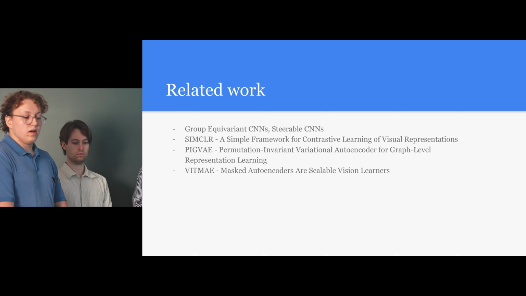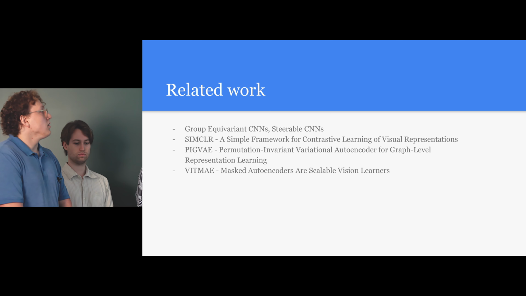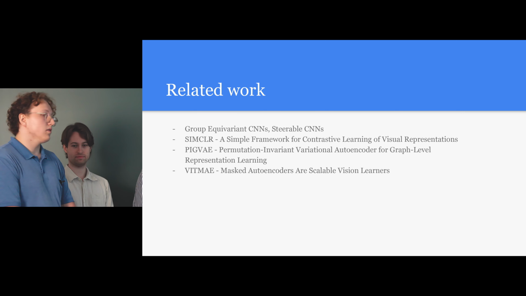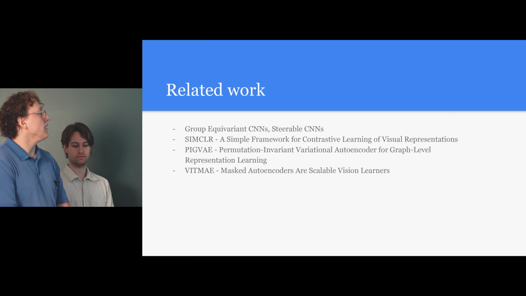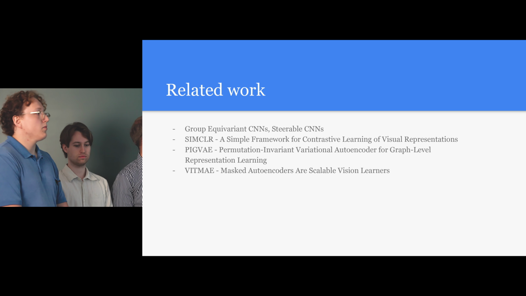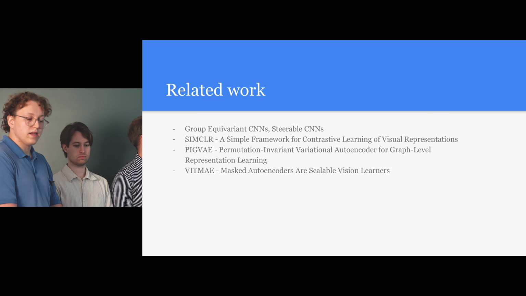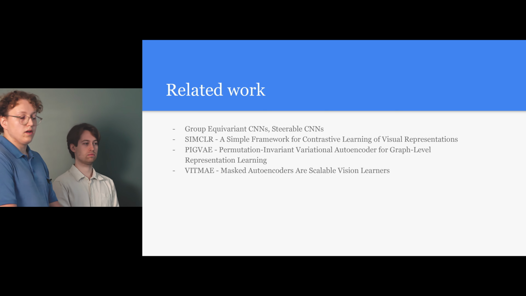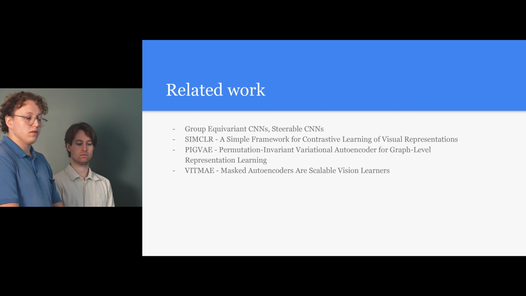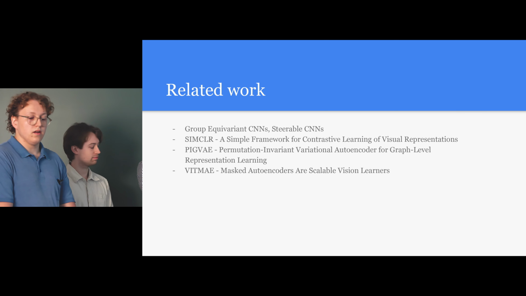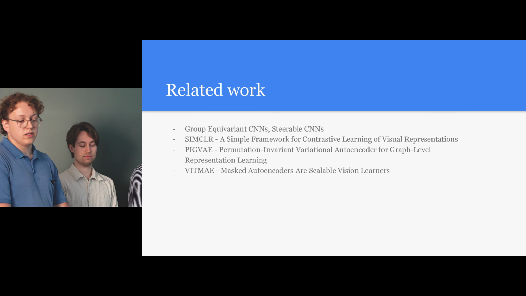Tomek and I have been utilizing SimCLR for making our models robust to rotations, and Tomek also uses PigVAE to produce rotation-equivariant global representations of whole slides. And Mateusz is working on utilizing ViTMAE, so training vision transformers in a masked autoencoding setting for obtaining representations of patches.